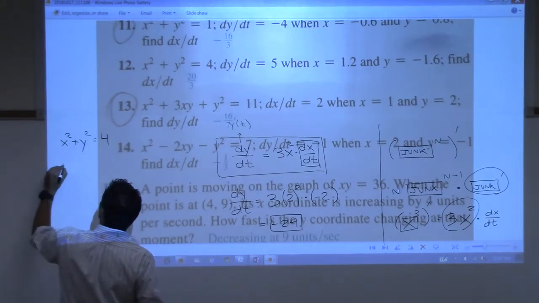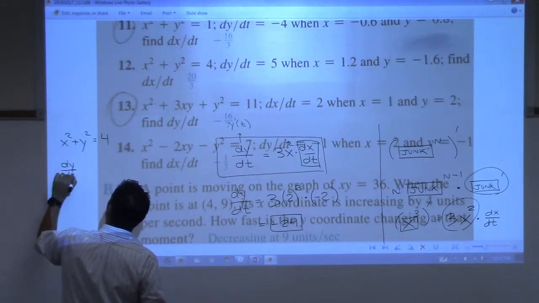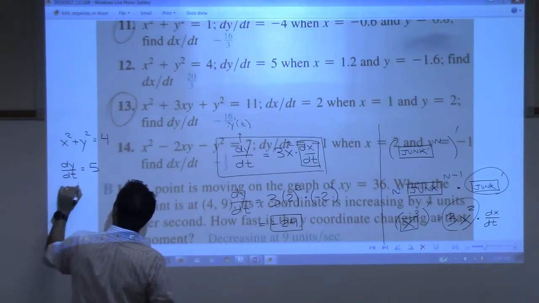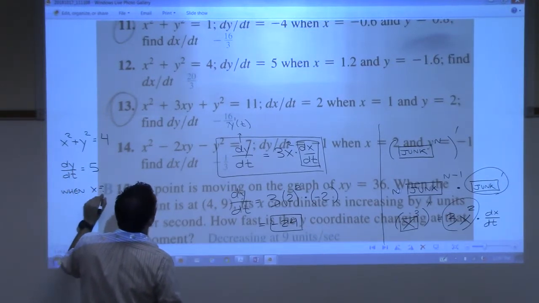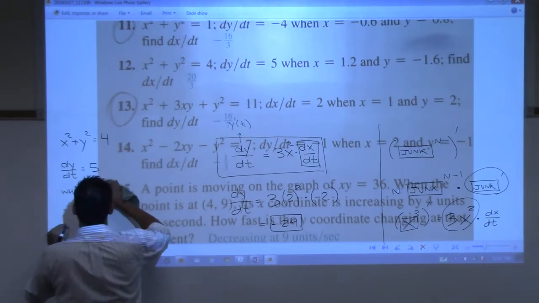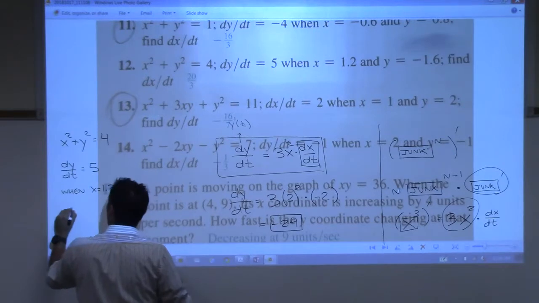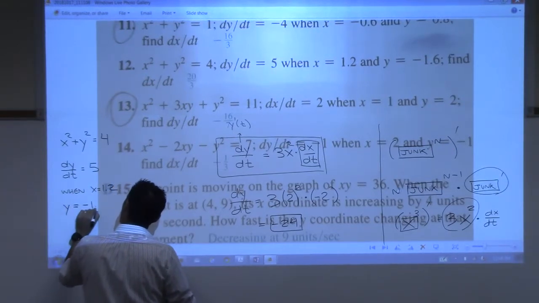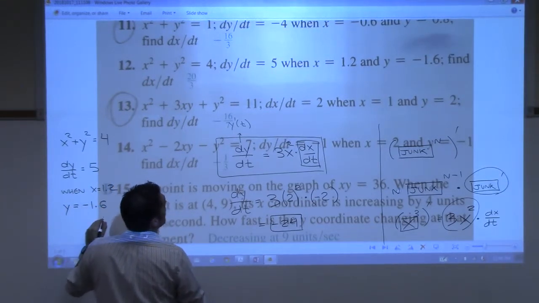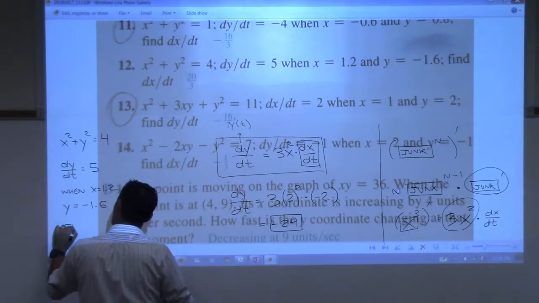They're giving us that dy/dt is 5 when x is 1.2 and y is negative 1.6. And we're asked to find dx/dt.